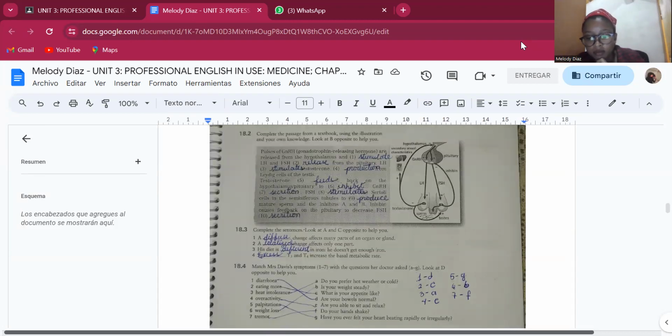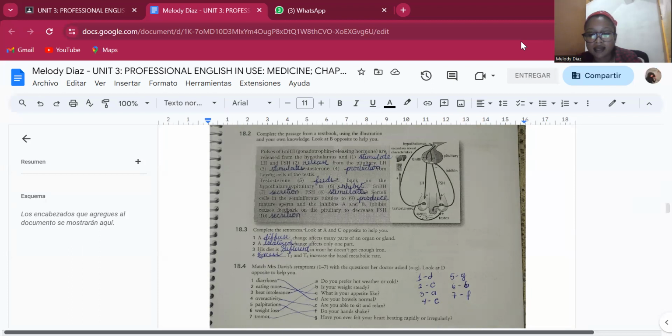Complete the passage from a textbook using the illustration and your own knowledge. Look at the opposite page to help you. Pulses of GnRH, gonadotrophin releasing hormone, are released from the hypothalamus and stimulate LH and FSH release from the pituitary. LH stimulates testosterone production from Leydig cells of the testes.